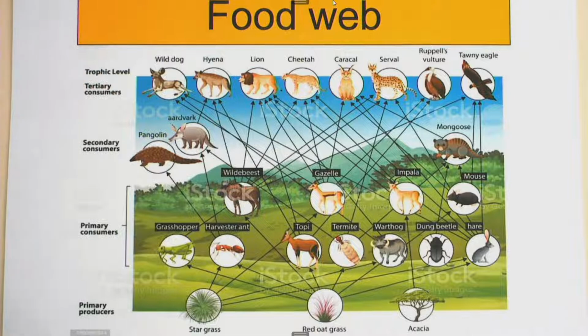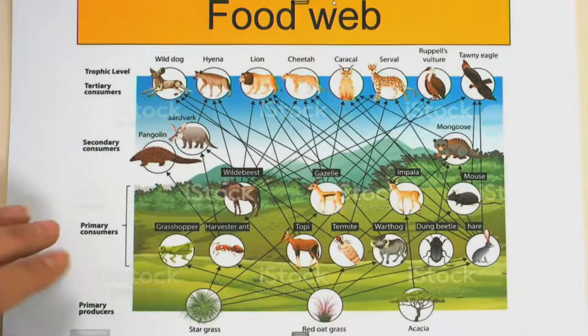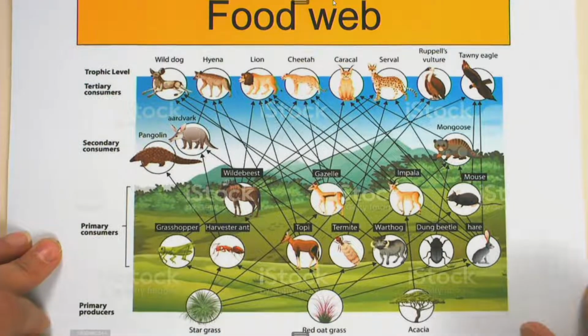Trophic is food, where they get a food level. And you can see how complicated this whole structure is. So it's easy to say when something becomes extinct or whatever, it's not such a big thing. You don't think it's a big thing, but it actually is, because it's going to influence the whole food web, the whole ecosystem. They rely on one another for food.